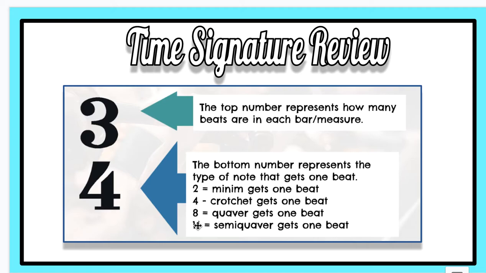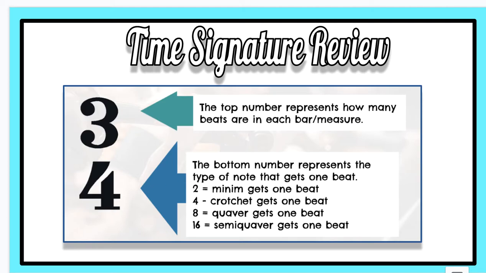And if the bottom number is a 16, it's a semi-quaver or 16th note that gets 1 beat. We're just going to focus on the first 3 numbers. So please keep that in mind. You should have this in your notebook. So in addition to the note value chart, you want to refer to this in your notes as well.